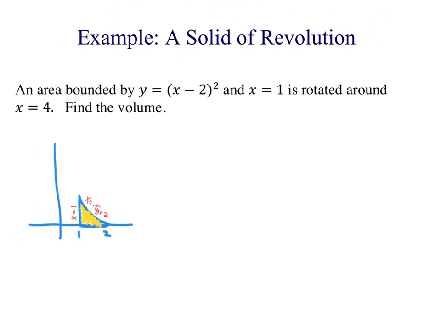And we're taking this and we're rotating it around the line x equals 4. So a little bit farther out on our x-axis. So here's our line of rotation.